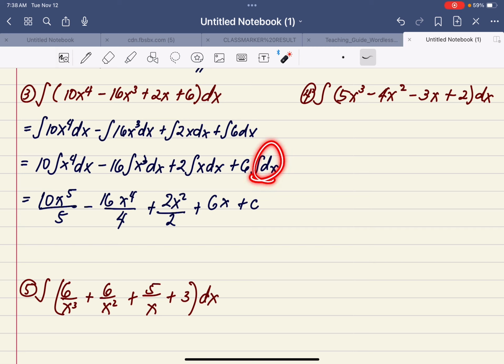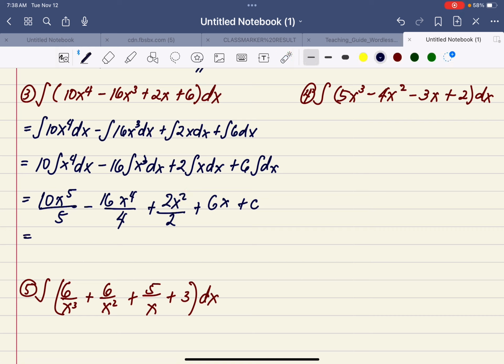The antiderivative of dx is x plus c. So we add 1 to the exponent: 4 will become 5, 3 becomes 4, 1 becomes 2. Then divide by that new exponent: divide by 5, divide by 4, and here divide by 2.